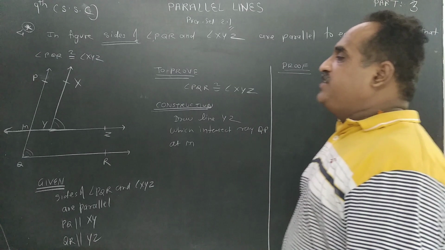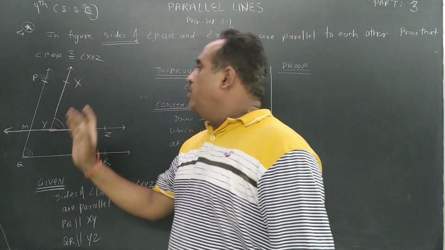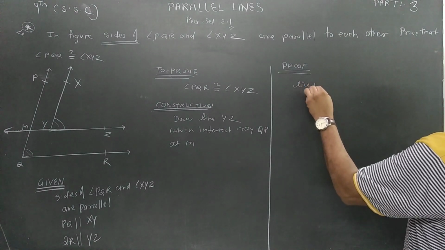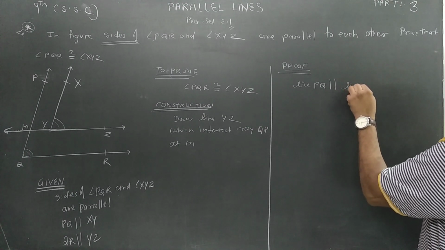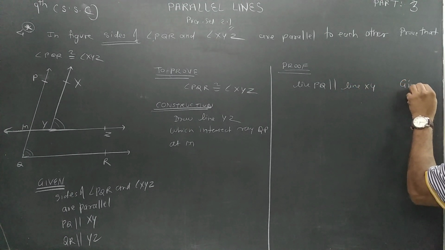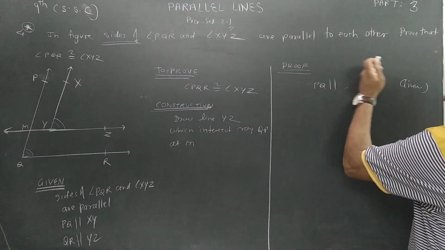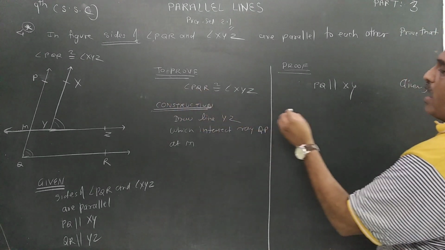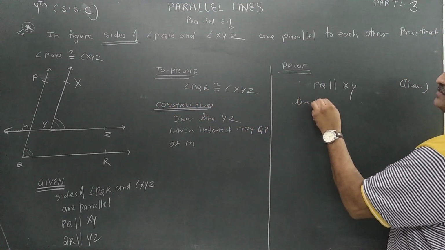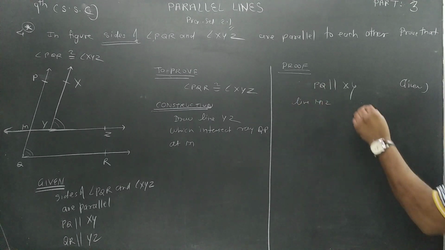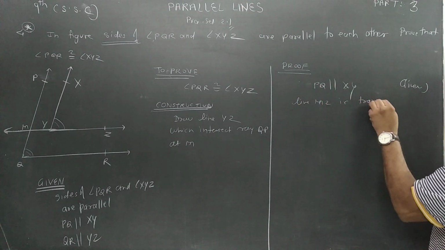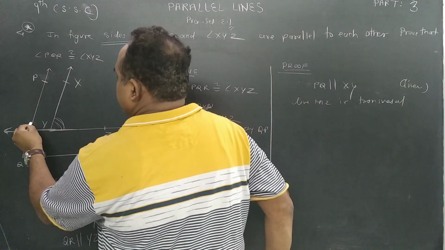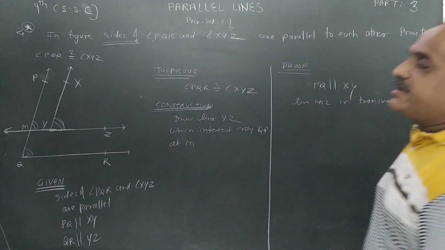Now see which lines are parallel. It is given that PQ is parallel to XY. So what I can write is line PQ is parallel to line XY. How did you get it? It is given. We'll do it. And which is the transversal now? I'm going to take YZ, line MZ or line YZ is a transversal. If this is a transversal, I know that this angle and this angle will be congruent because they are corresponding angles.